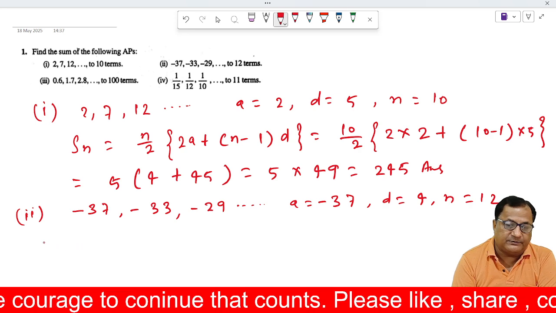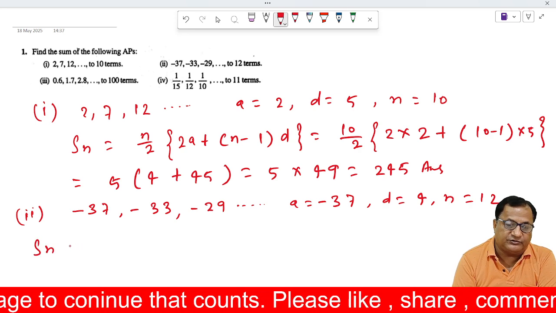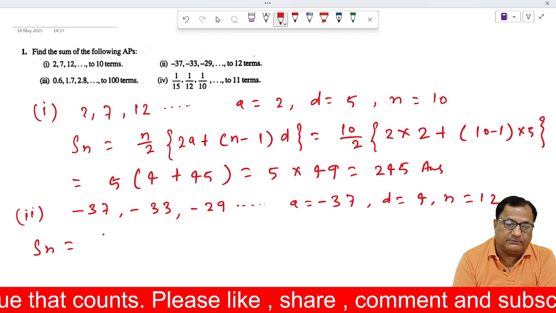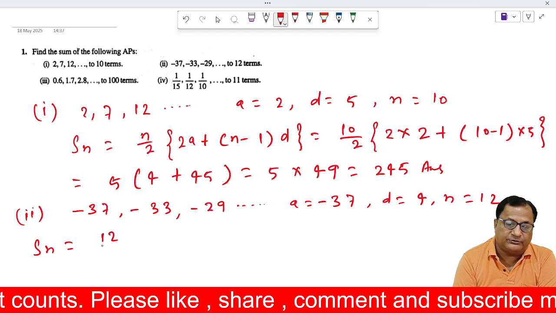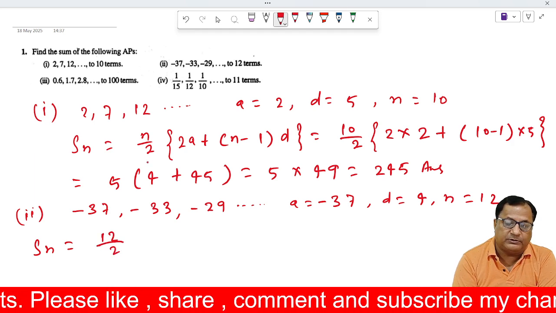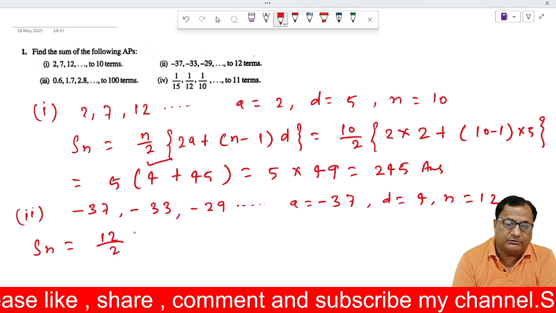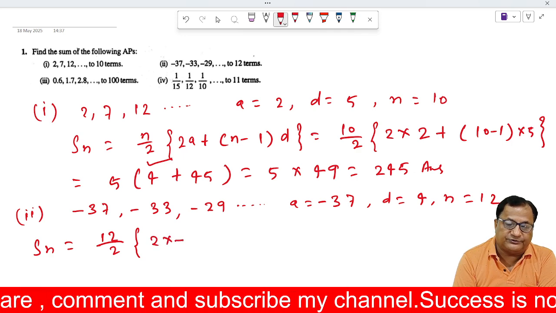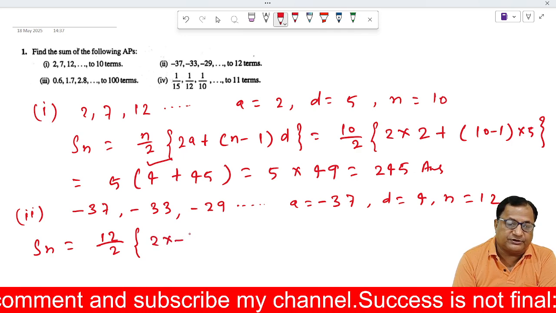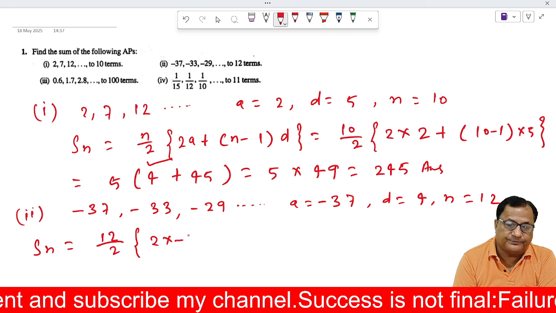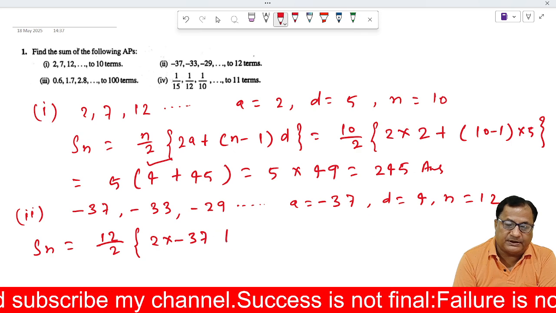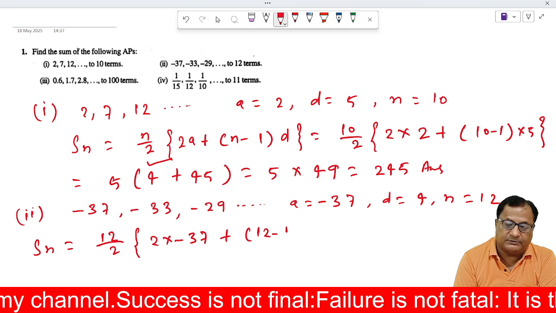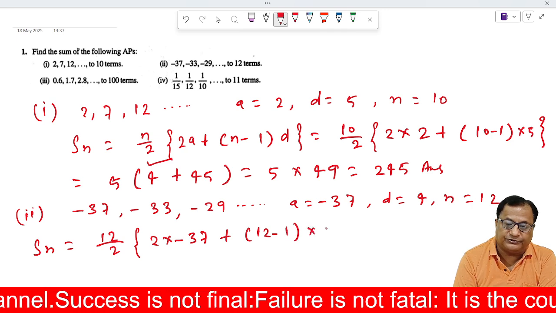So we have to find it using the formula Sn is equal to n by 2. n is 12, so 12 by 2, using this formula only, into 2 into minus 37, plus n, which is 12, minus 1, into d.